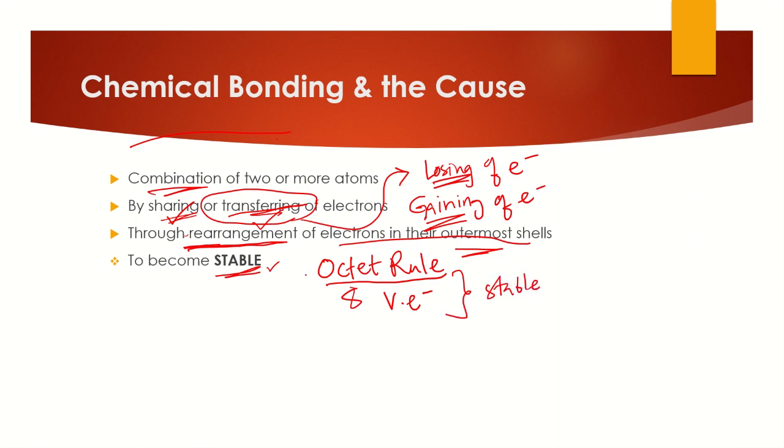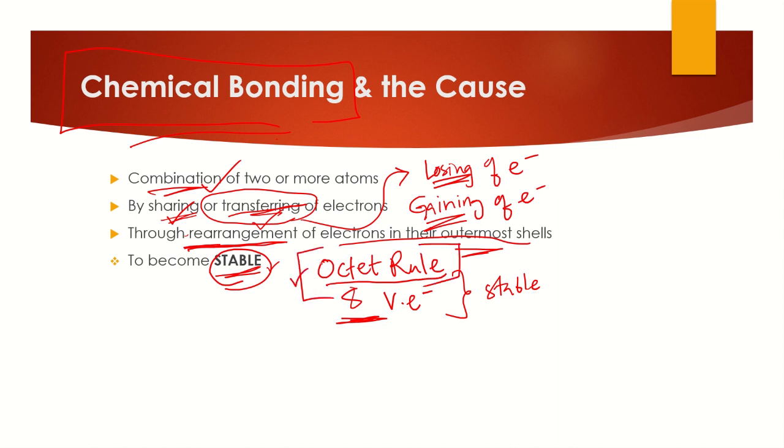So once again, to become stable, to acquire 8 electrons in the valence shell, atoms combine by sharing or transferring of electrons. And that is what we call chemical bonding.